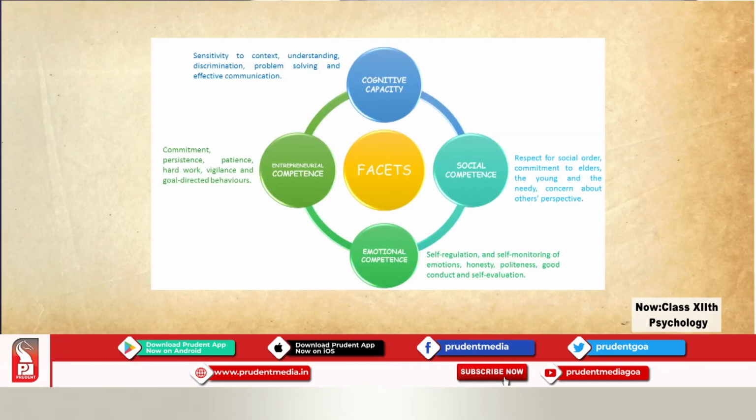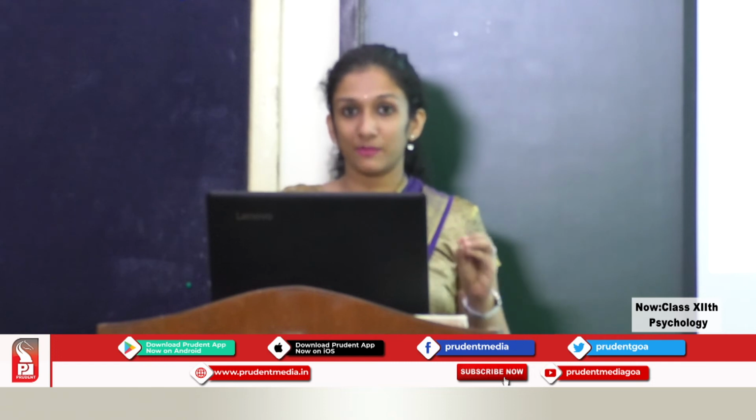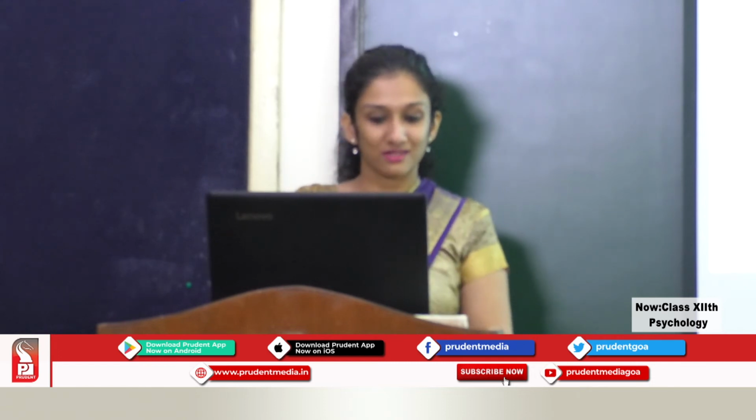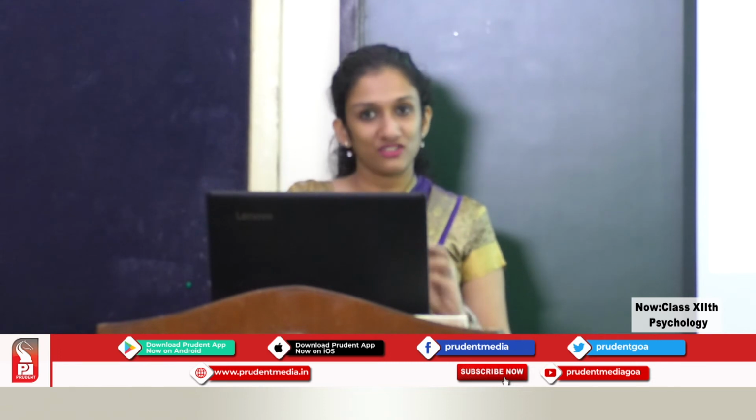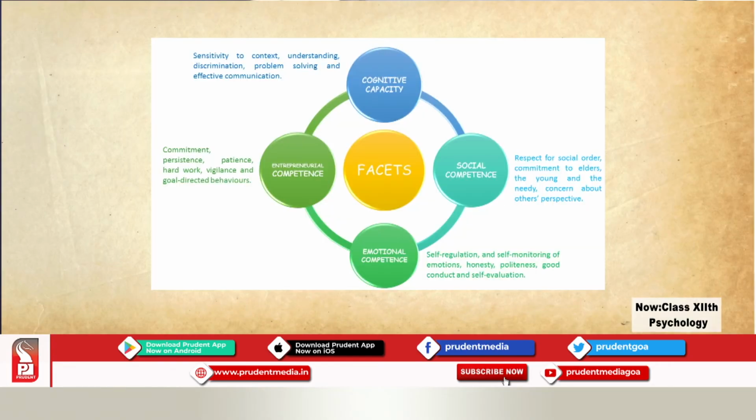Basically sensitivity to context, understanding, discrimination, problem solving and effective communication, all the higher mental processes. Social competence is respect for social order, commitment to elders and young and the needy, and concern about others' perspectives. So, you see the difference, how these aspects are also taken into consideration when you come to intelligence based on Indian tradition.